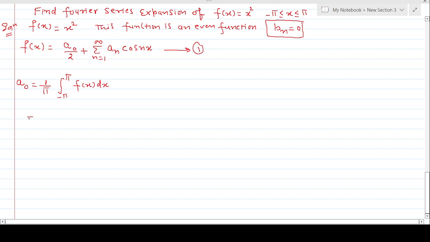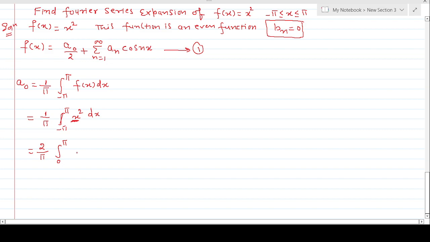But see here, this function is an even function. So what is the result of the definite integral? If the function inside the integral sign is an even function, you write 2 outside the integral sign, and the lower limit becomes 0. So it is 0 to pi x square into dx.